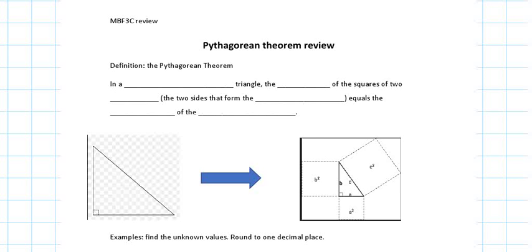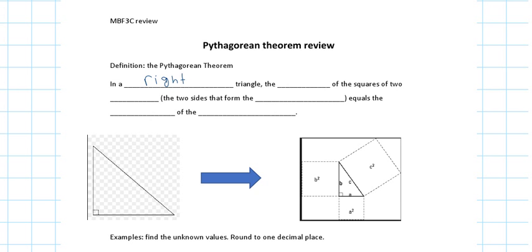What they figured out, the Pythagorean theorem, is that the sum of the squares of the two sides, so if I square side a and I square side b, when I add them, it's going to equal the square of side c. So basically, in a right angle triangle, if you know two sides, then you can solve for the third side by using that formula. In a right triangle, you know what a right triangle is, right?